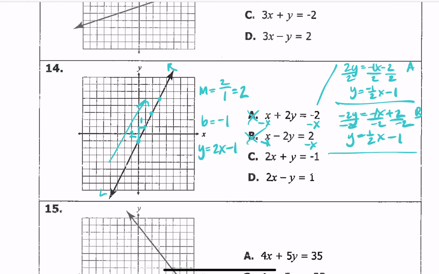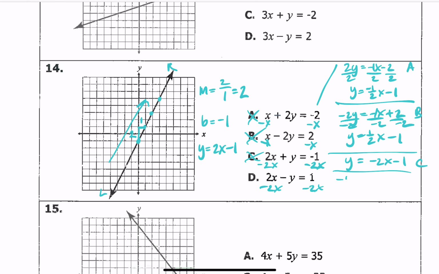Let's try C. So I'm going to subtract my x term from both sides. So I end up with y equals -2x minus 1. And if I look, I have y alone. If I look, -2x minus 1 and 2x minus 1 are not the same. So that was C, let's hope that D works. So I'm going to subtract 2x from both sides.